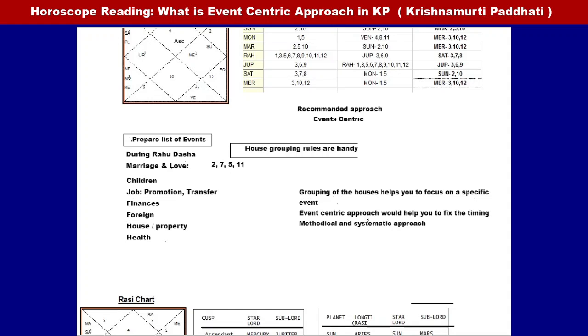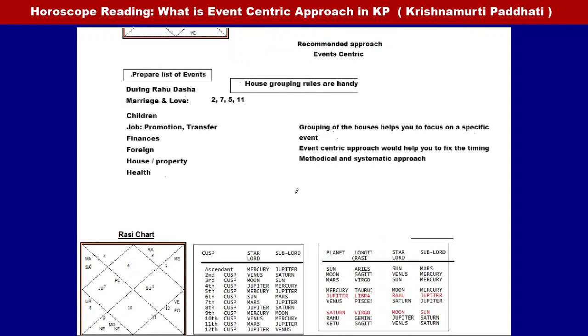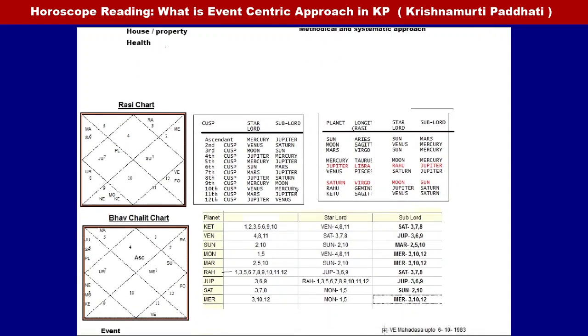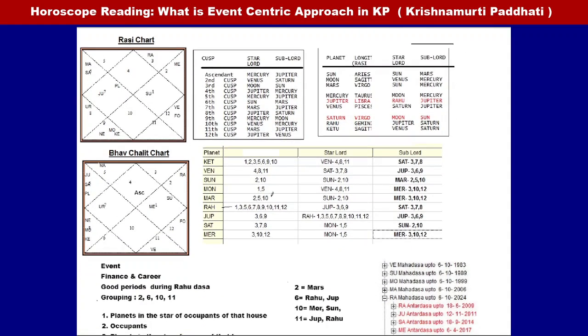Let's apply this event-centric approach to the same example chart, and let's focus on one simple event. Let's say we are trying to analyze the finance and career of this chart, and during the Rahu Dasha, what are the good periods when this person will have good finance and career.